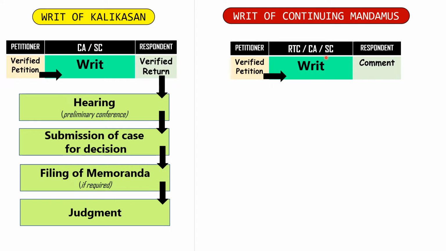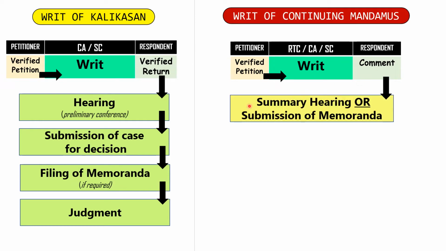The RTC, the Court of Appeals or the Supreme Court will give an order issuing the writ, and then the respondent will file his comment. After the comment is filed, the court may conduct a summary hearing or require the parties to submit memorandum. Again, take note, it's either a summary hearing or submission of memorandum.